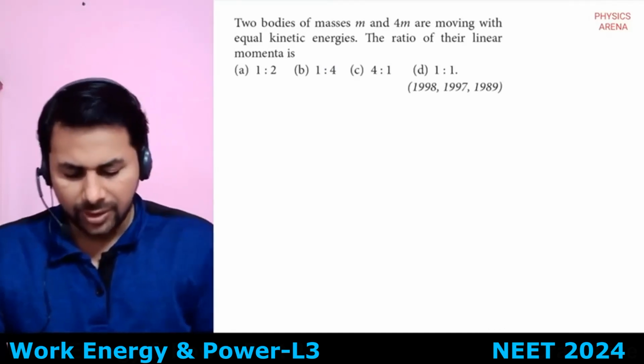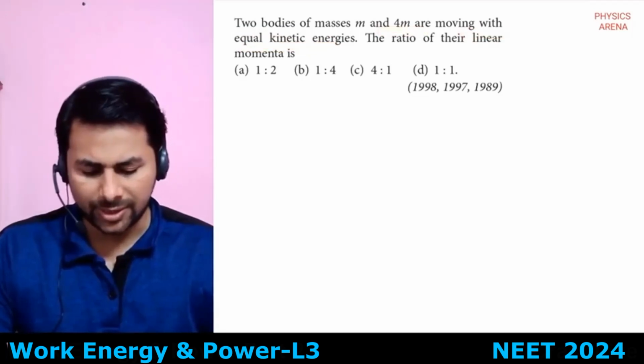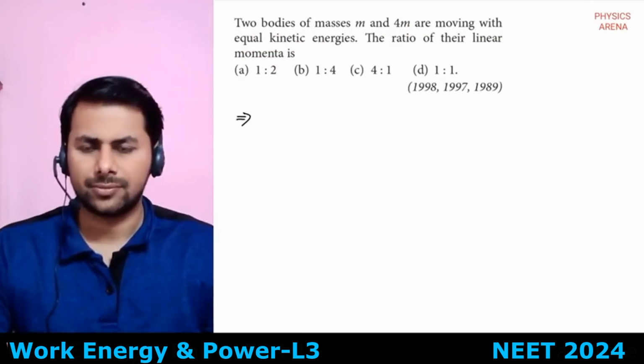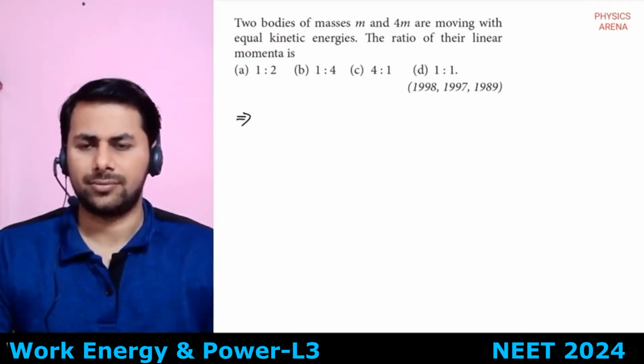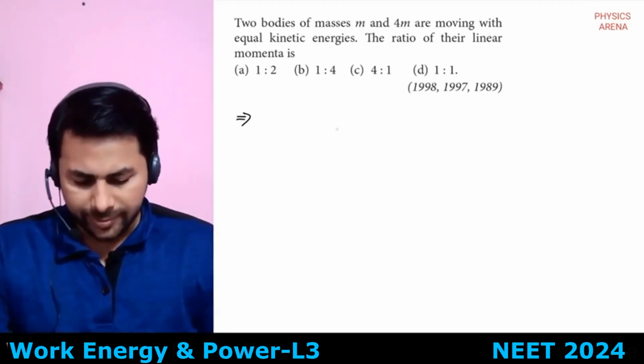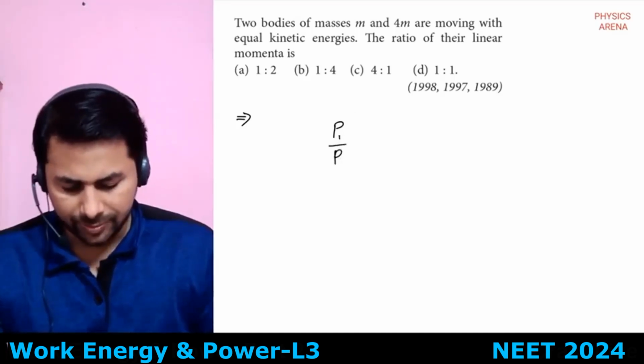Okay, another one. Two bodies of mass m and 4m are moving with equal kinetic energies. The ratio of their linear momenta is? Tell me. This is also simple.